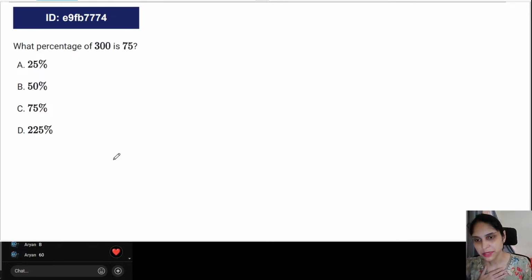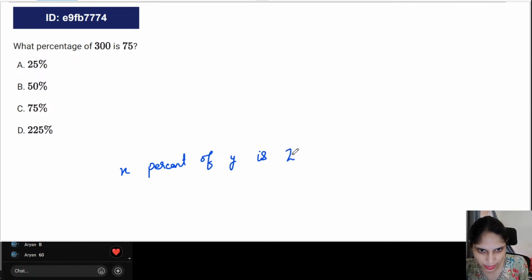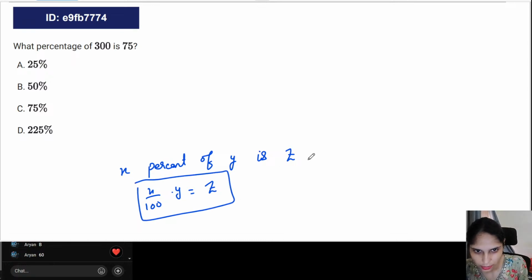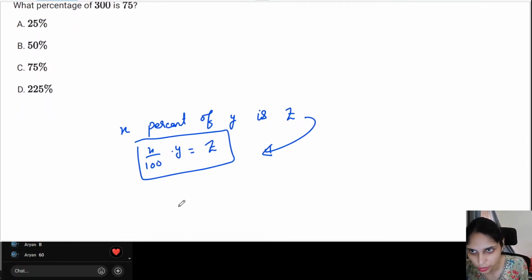So for this, what my method is, for example, x percent of y is z. I am just using variables right now. So the equation is x over 100 times y is equal to z. You can write it like this. So what percentage of 300 is 75?